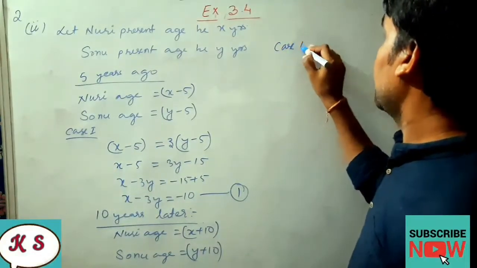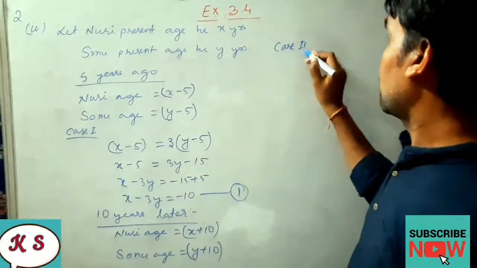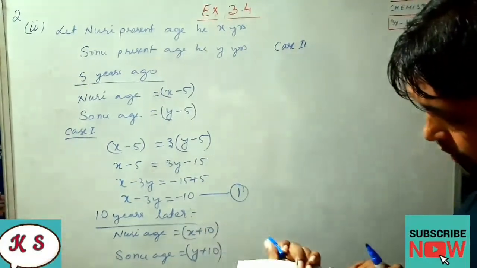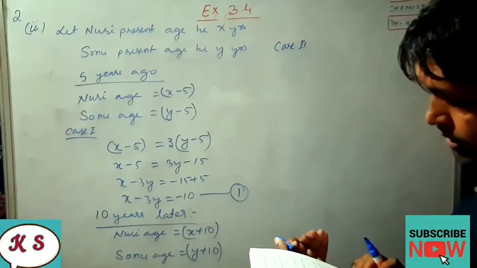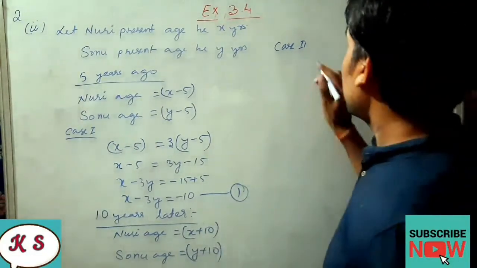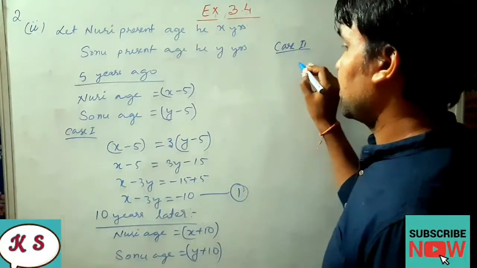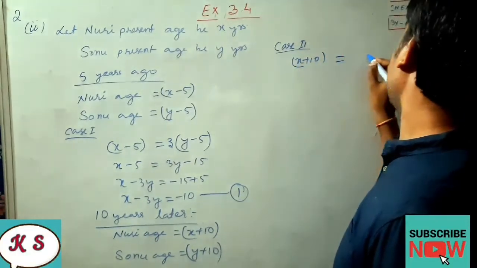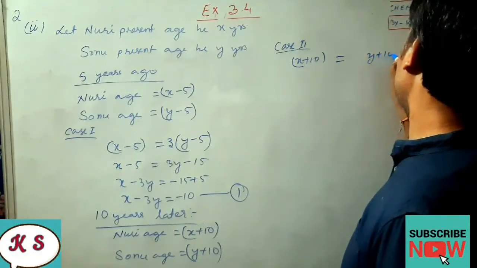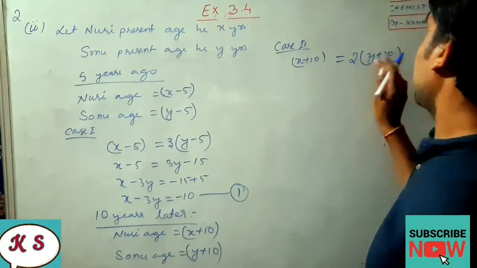This is case 2. The condition they have given is Nuri will be twice as old as Sonu. So Nuri's age is X plus 10 and Sonu's age is Y plus 10. So Nuri is twice as old as Sonu.